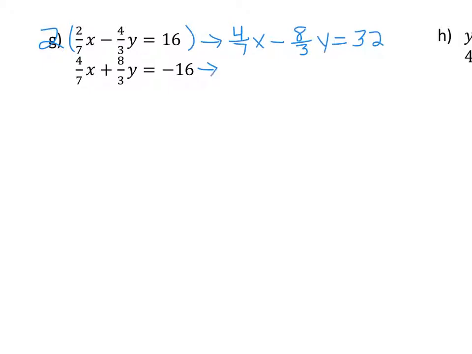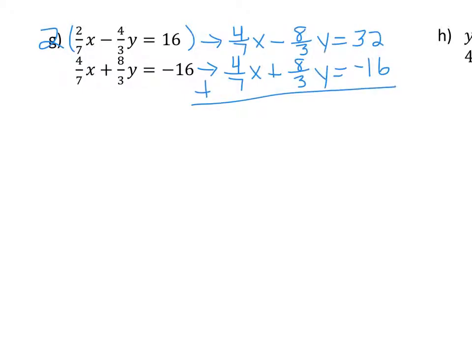The denominator, I keep saying that, I'm sorry. The second equation stays the same: 4/7 x plus 8/3 y equals -16.